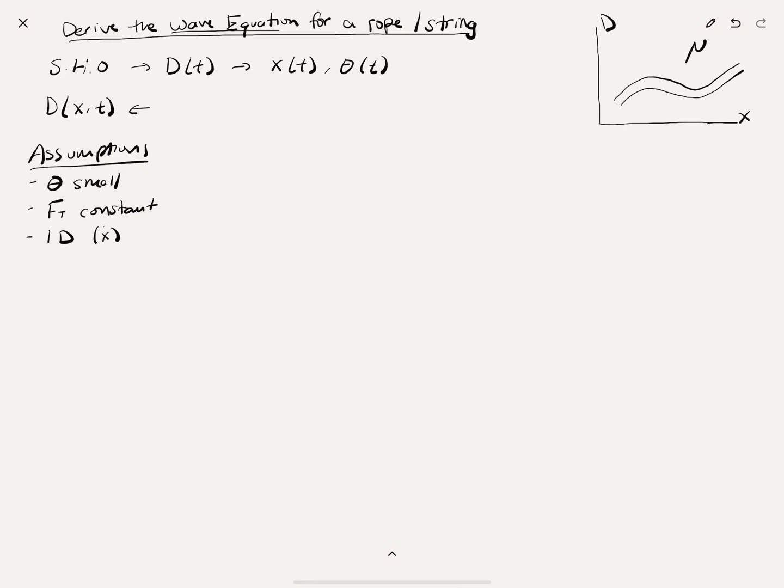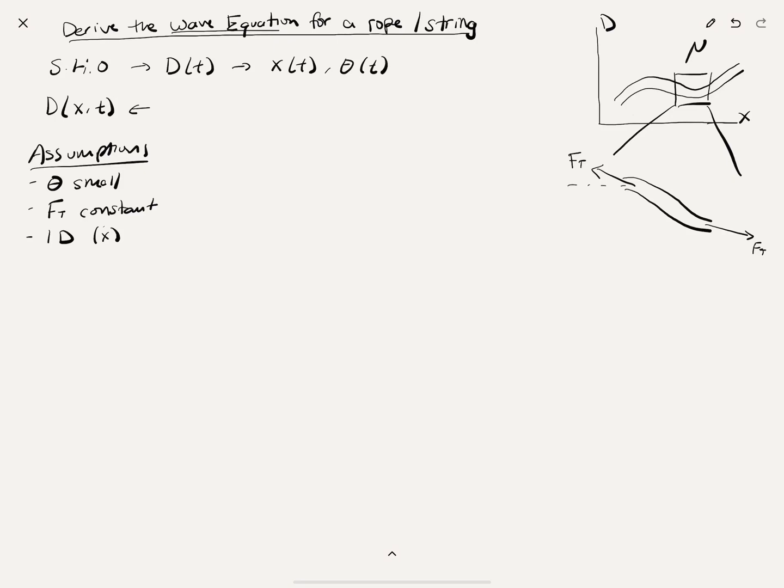So I'm going to take some infinitesimally small piece of rope, and I'm going to determine the forces that are felt on the rope. Okay, so on this little tiny piece, the only force that it feels is tension, and the tension on the left edge is facing this way, and the tension on the right edge is facing this way.